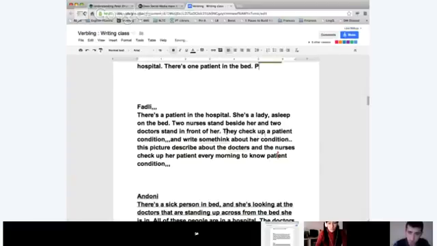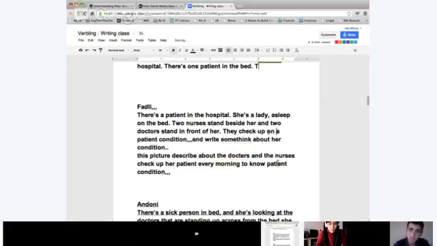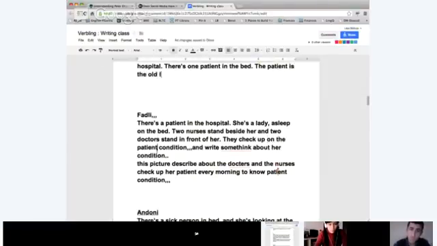They check up on the patient's condition and write something about her condition.